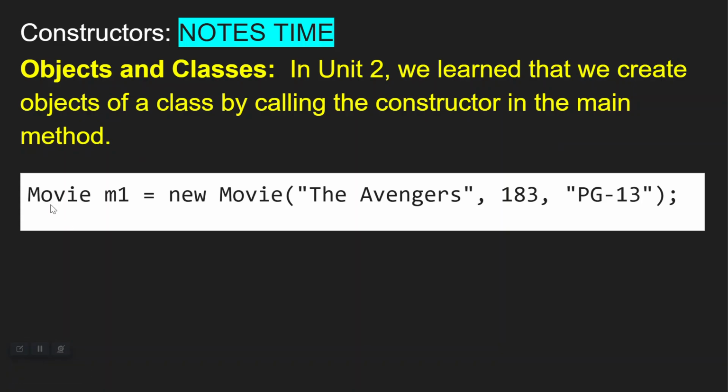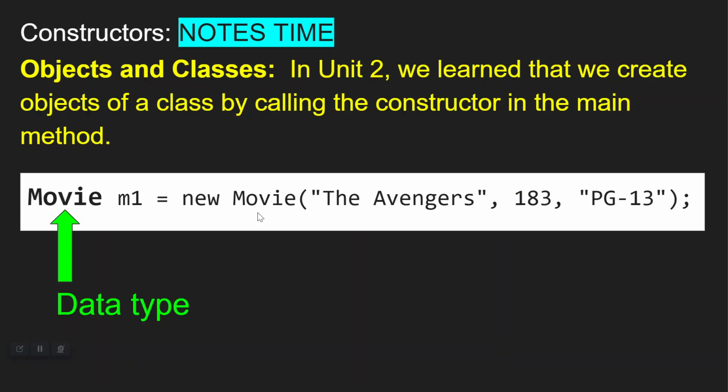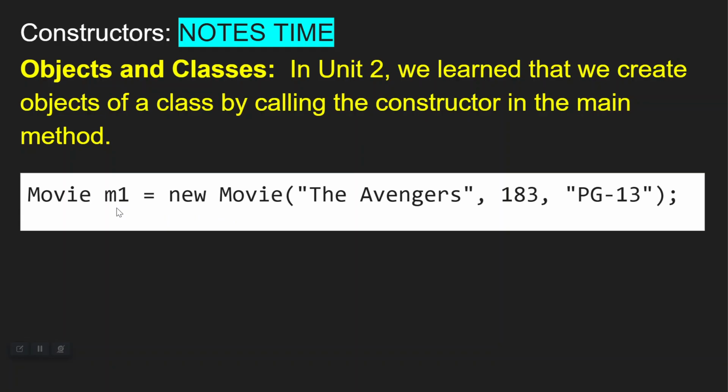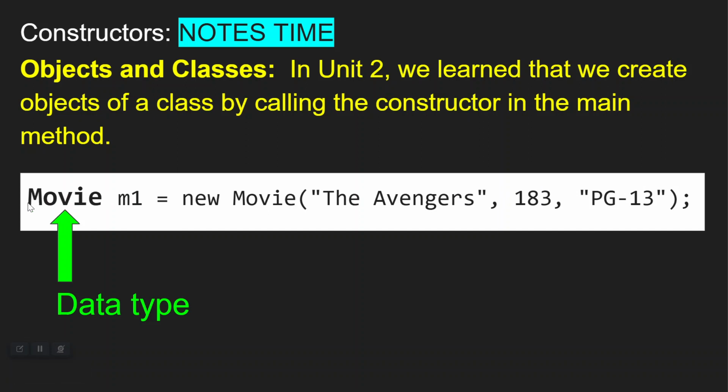So here we are in main, and we want to create a new object of the class movie. When you break down a line of code like this, let's look at each individual part. The first thing that you need is a data type. We don't really look at the word movie and think of this as a data type, but technically this is the data type.